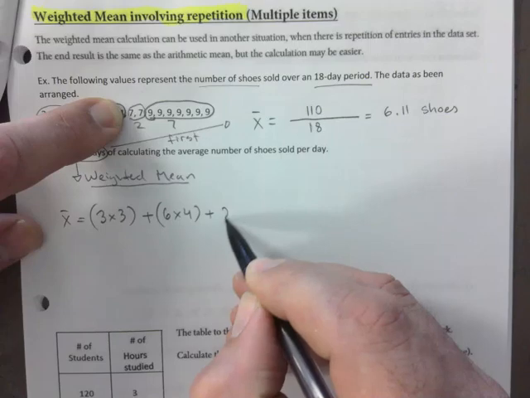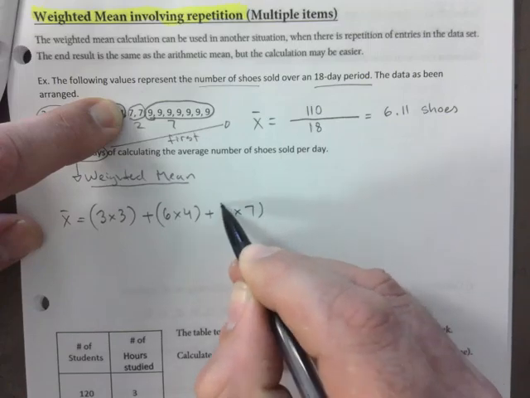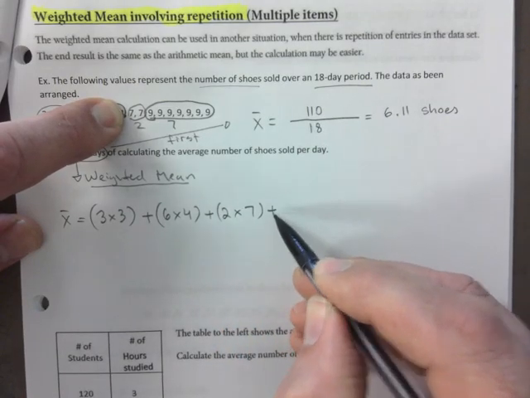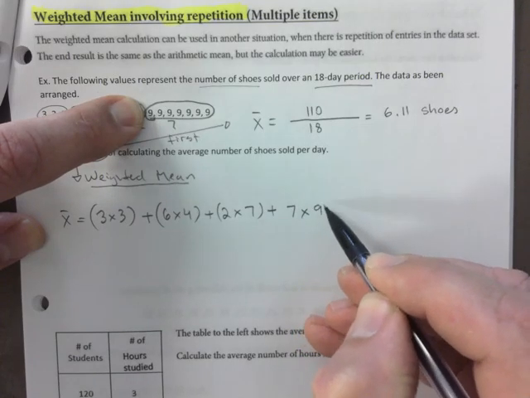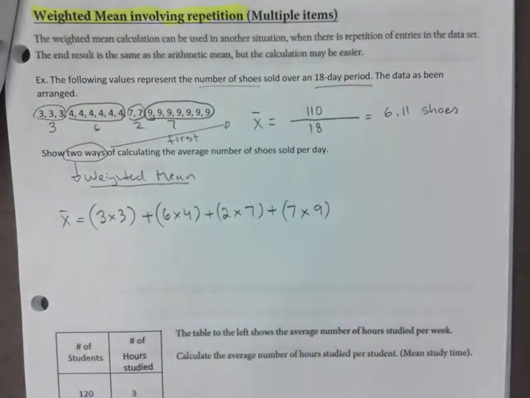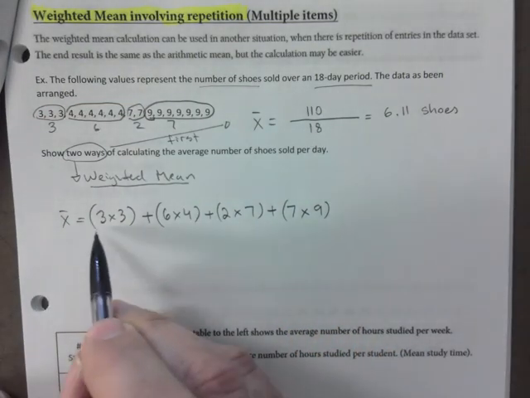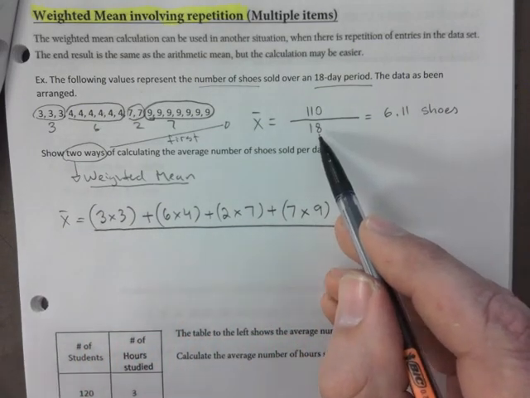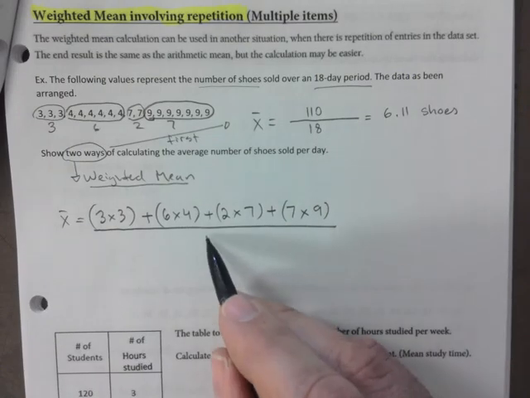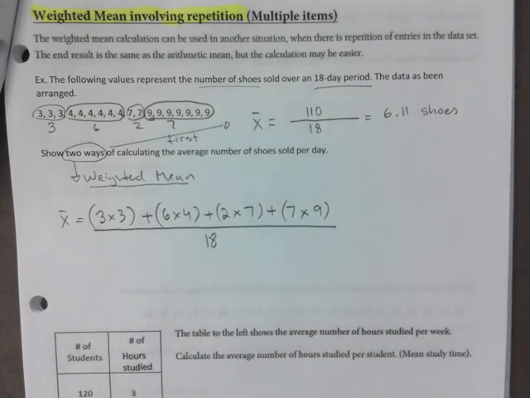Plus, there are 2 7s, so you go 2 times 7. Plus, there are 7 9s, so you go 7 times 9. And how many values are we adding up again? It doesn't change, right? We're still talking about 18 numbers. So that's 18.